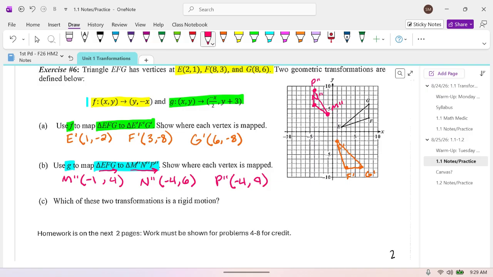So here's the question. Which of those two transformations, the orange or the pink, is a rigid motion? One of them is, one of them isn't. The orange. So in other words, which function's the rigid motion, F or G? F. Why?